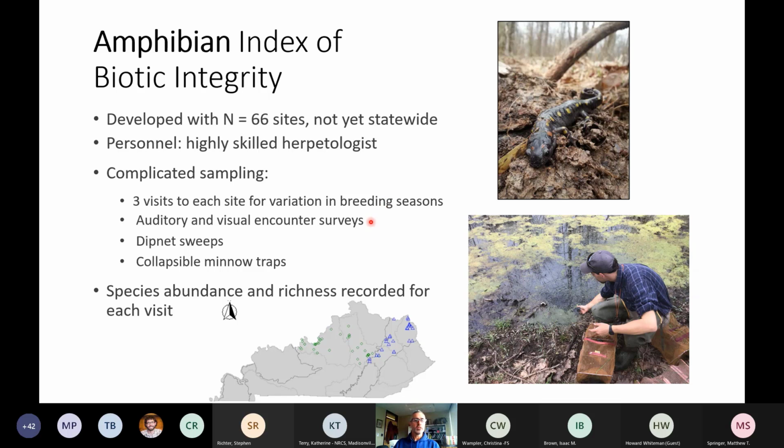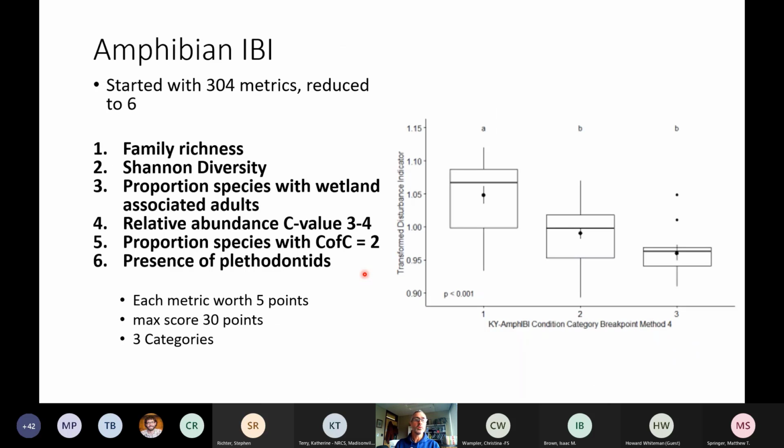The sampling includes auditory and visual surveys, dip nets, minnow trapping, and again, coming out of that, you have a list of the species that are present and their abundance. Those are combined into, again, lots of metrics, 304 in this case, which were reduced to 6 metrics, which when combined add up to a 30-point maximum.